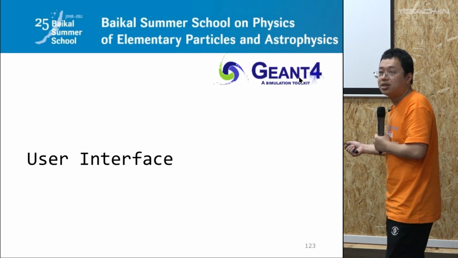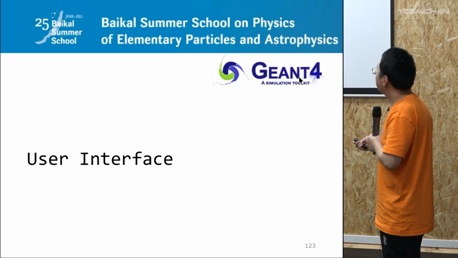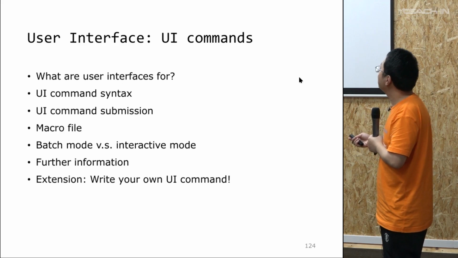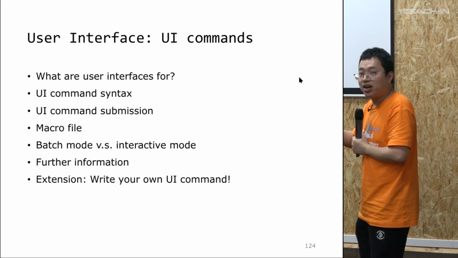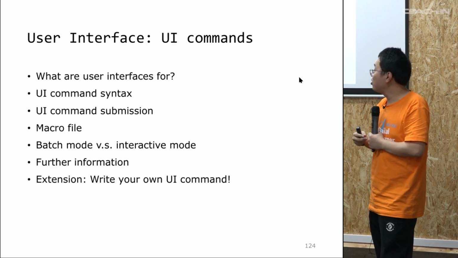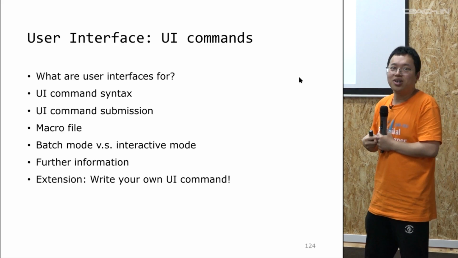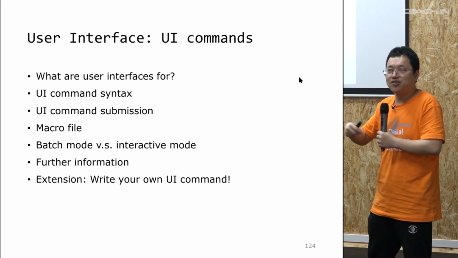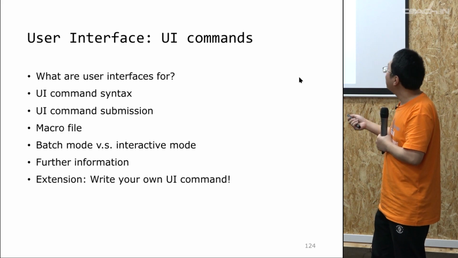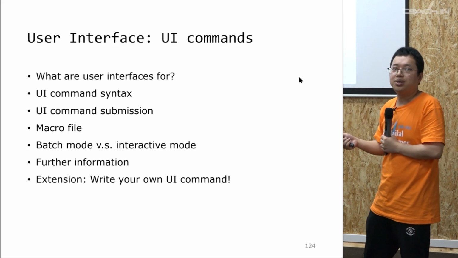And another topic is the user interface. Because you want to do some programming, but if you modify some variables and you need to recompile the whole source code, it's not very good for you because you have to do a lot of compilation tasks. So Geant4 provides this user interface to help you.